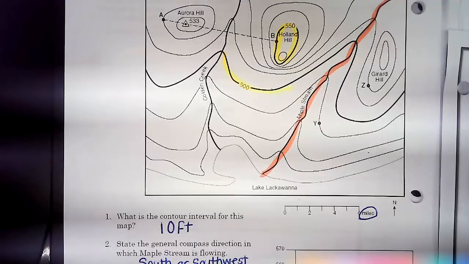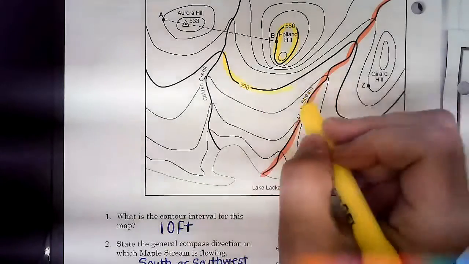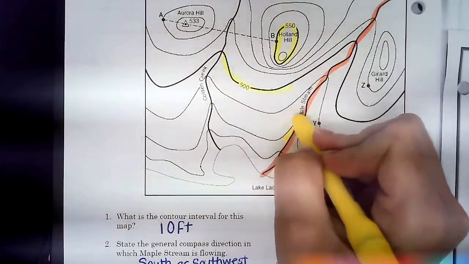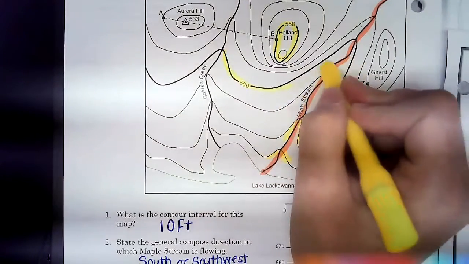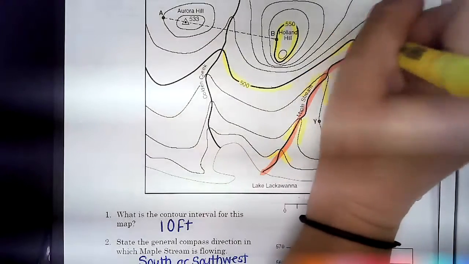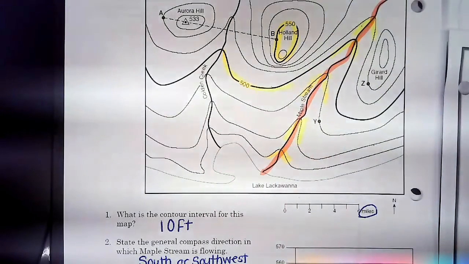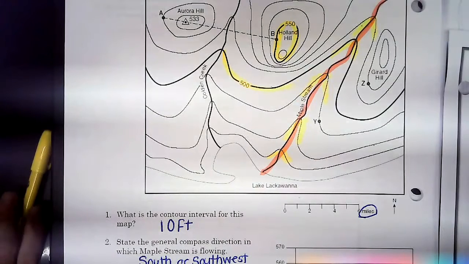So this, guys, I think is even more important than the downhill part. The contour lines bend. Notice how they all come to a V? They all make a U-ish or V-ish shape. See how the lines are bent? They always point to where the water came from.